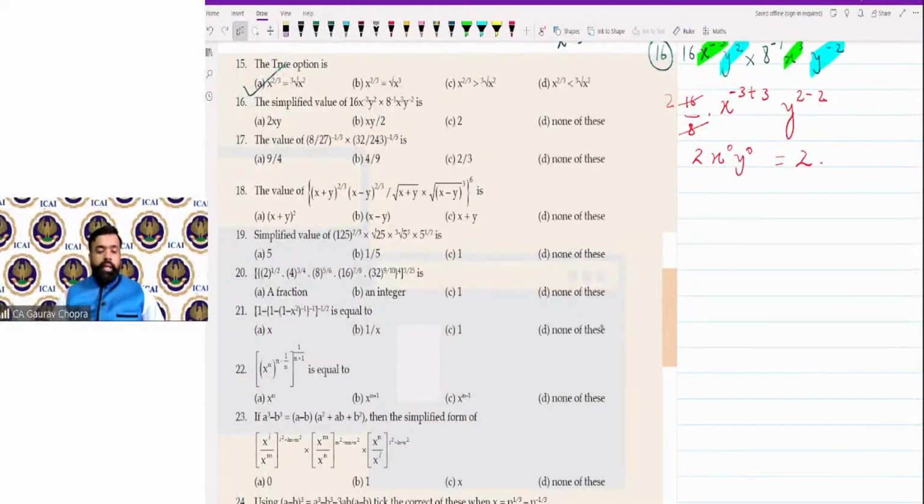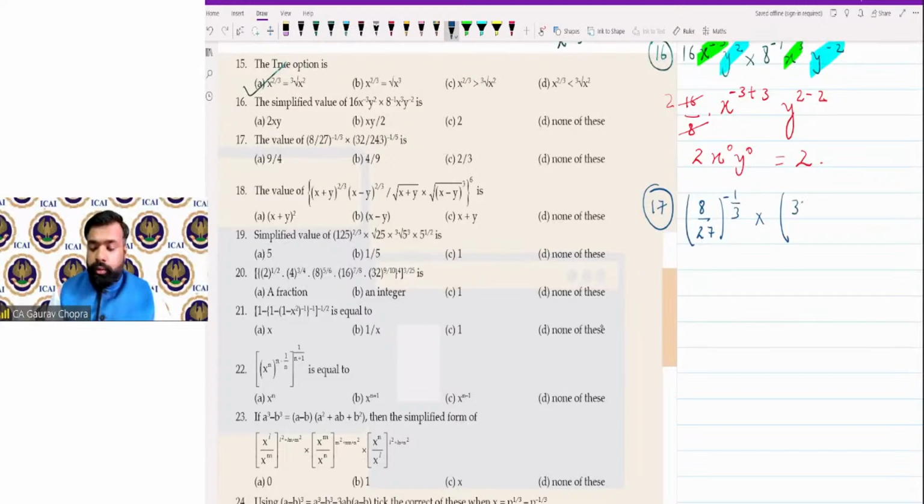Now let's try question number 16th. No, 16th is done. 17th. Question number 17. 8 upon 27 whole to the power of minus 1 by 3, multiplied by 32 upon 243 whole to the power of minus 1 by 5.